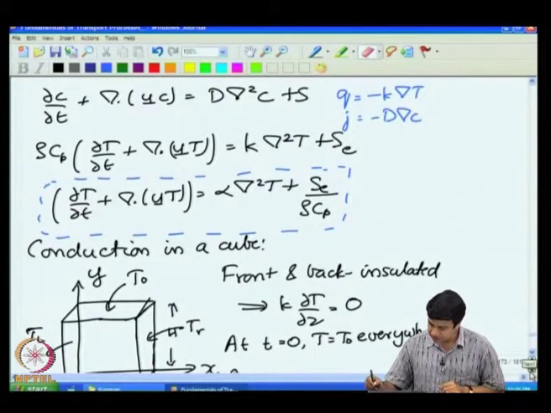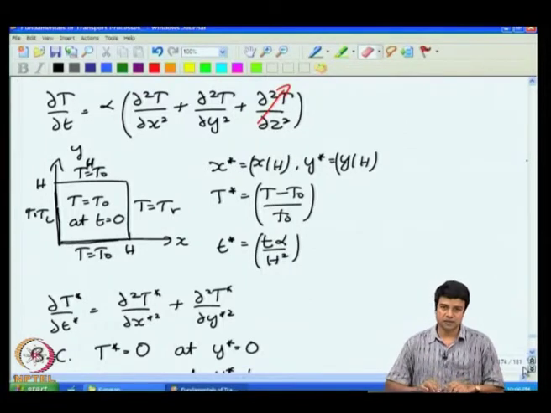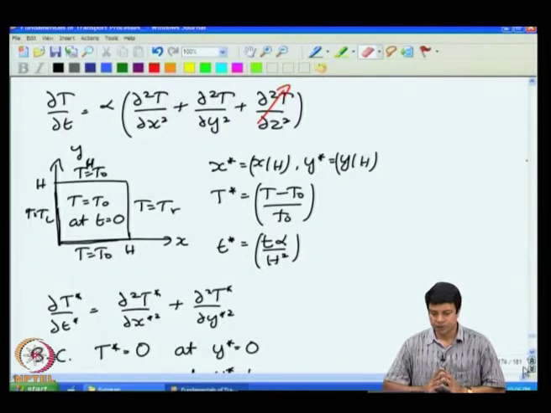And then we had solved an equation for the conduction in a cube in the previous class, the unsteady heat conduction, and I showed you how to do the separation of variables for that particular case. So, when one does separation of variables in 3 or more variables, in this particular case it was an unsteady conduction problem with variations in both the x and the y directions.